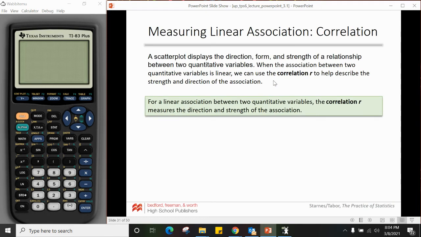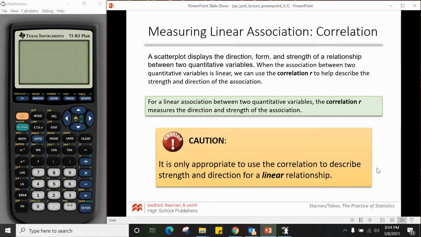We can use the correlation, or the R value, to help describe the strength and direction. The correlation R measures the direction and strength of the association. And again, it must be linear. So if it's a linear association, then you can use the correlation R value. Another caution, because it's super important: it has to be linear first.